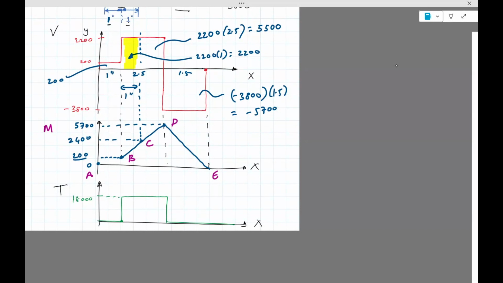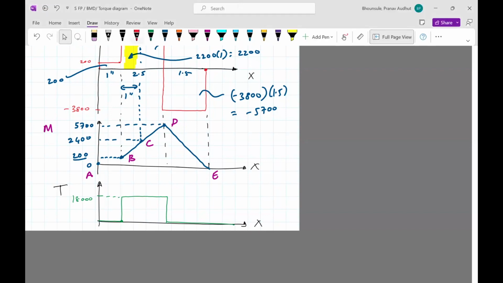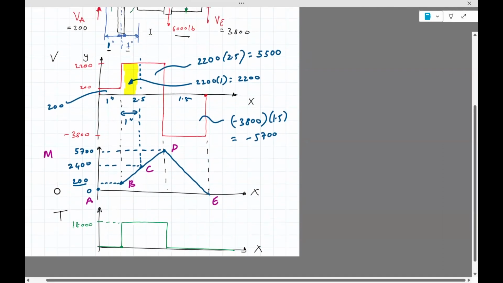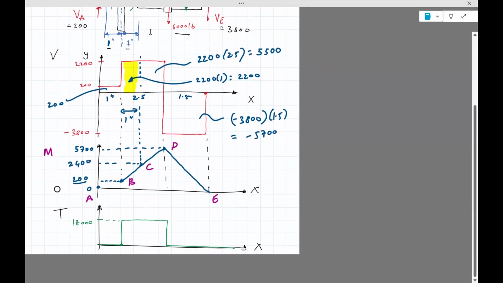Okay, so with those diagrams, we are in a position to figure out the critical location. Okay, so the critical locations are where the torque and the moment is maximum.